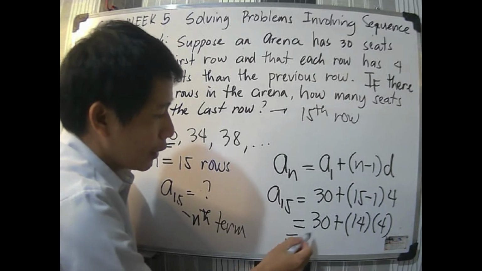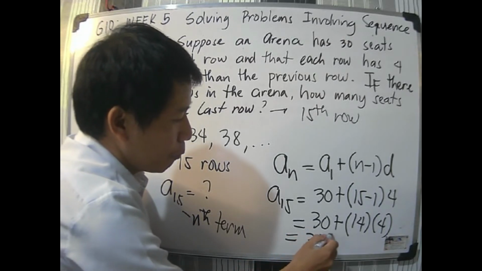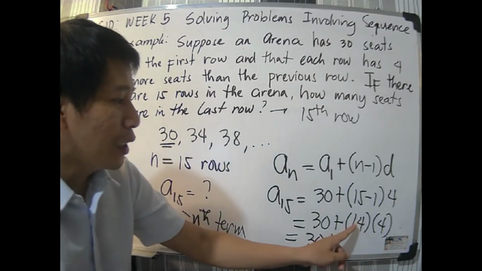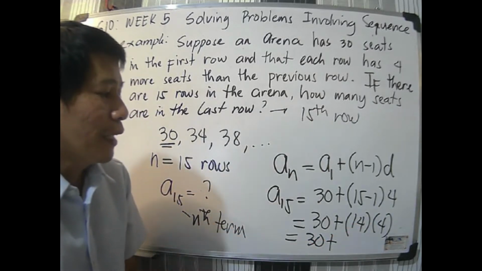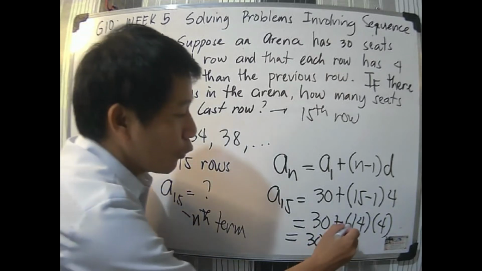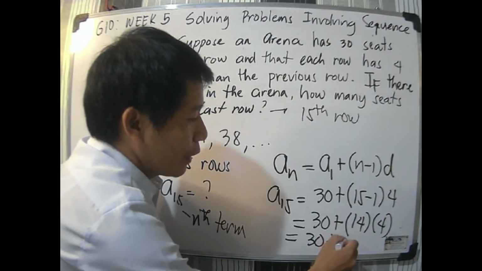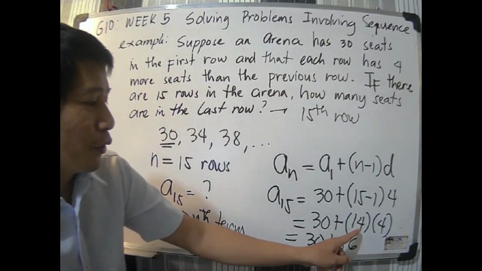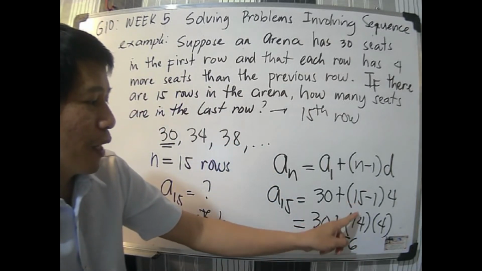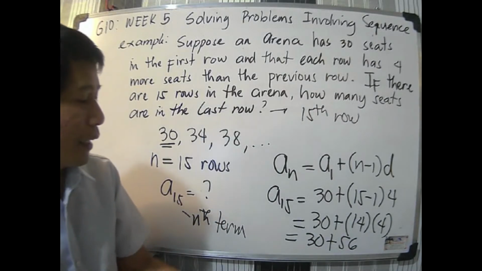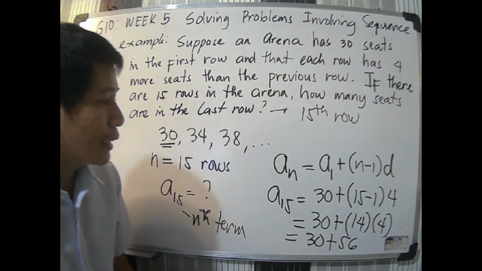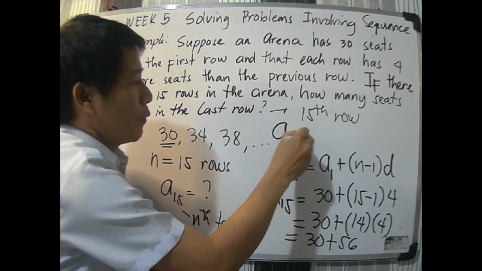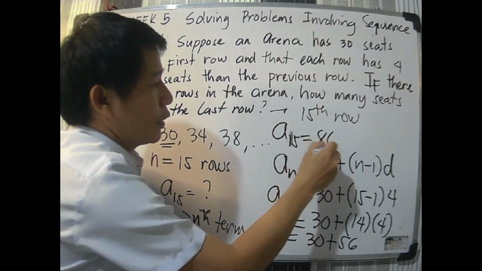Bago natin i-add ito, i-multiply muna si 14 times 4. And what is 14 times 4? That is 56. Tama ba? 4 times 4 is 16, carry 1, 4, so 56. And then, i-add natin 30 plus 56. So, our A sub 15 is equal to 86.